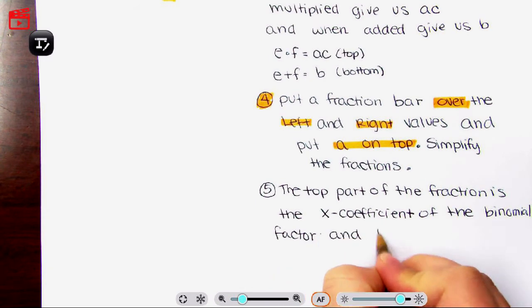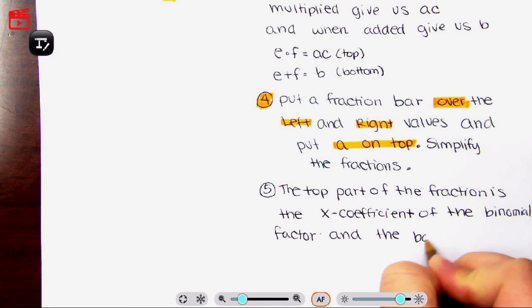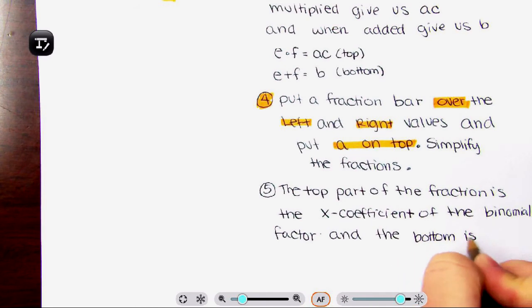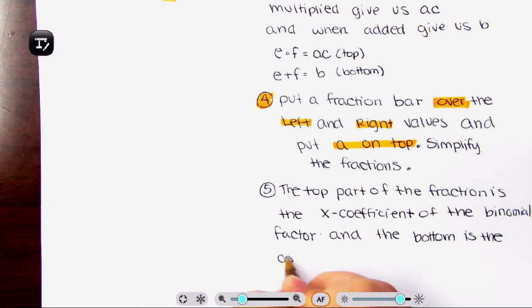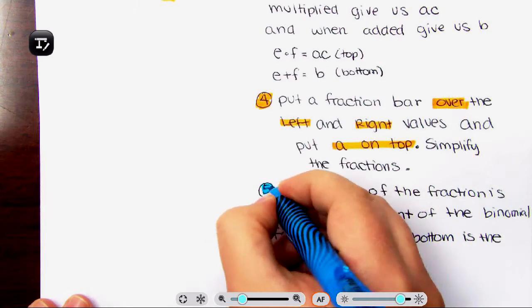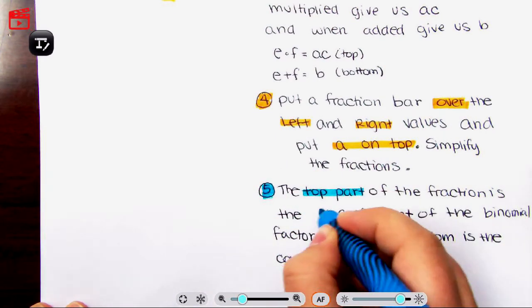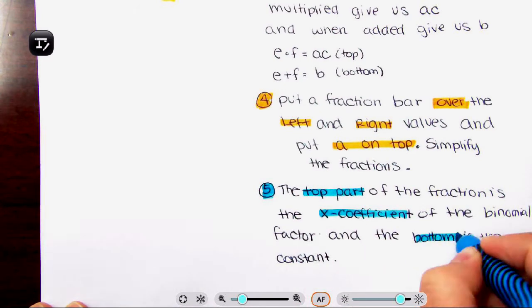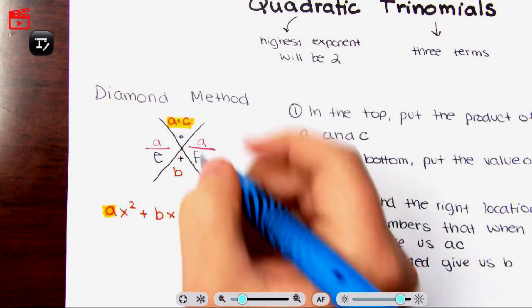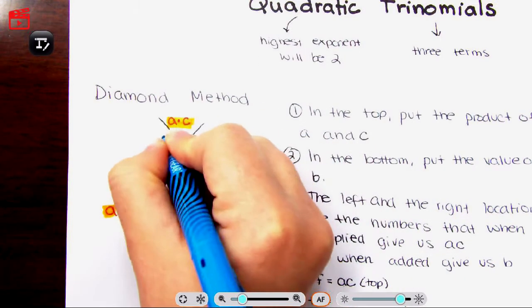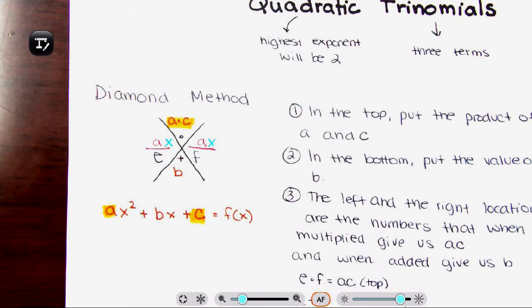And the bottom is the constant. So for step number 5, the top is the x coefficient, the bottom is your constant.